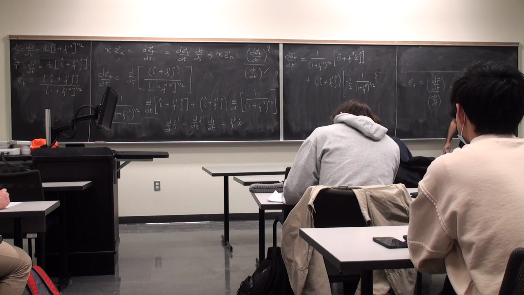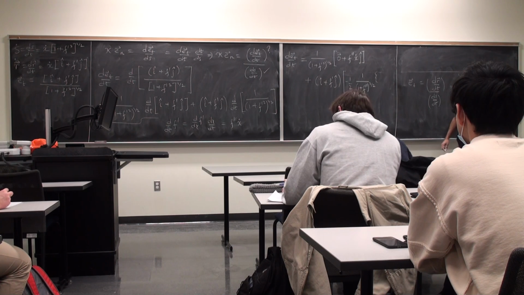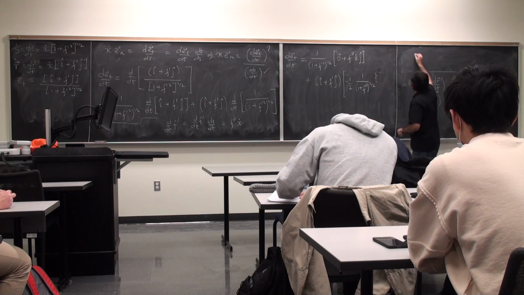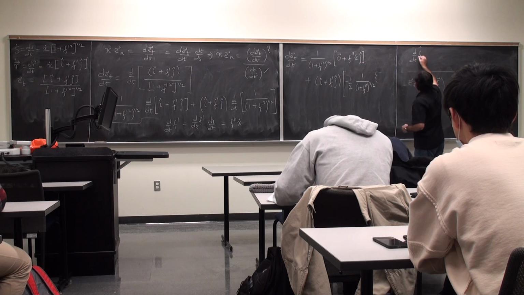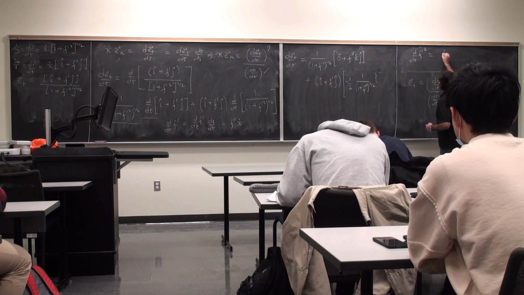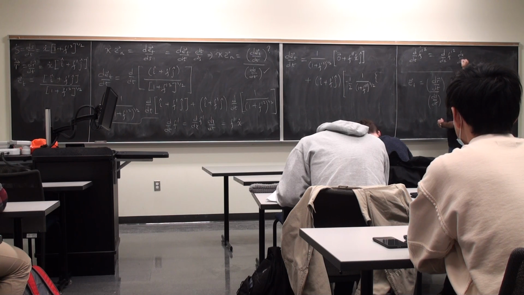And then differentiation of the contents within, 1 plus f prime square, is going to end up being: differentiation of 1 with respect to time, gone. Differentiation of f prime square is dx by dt.